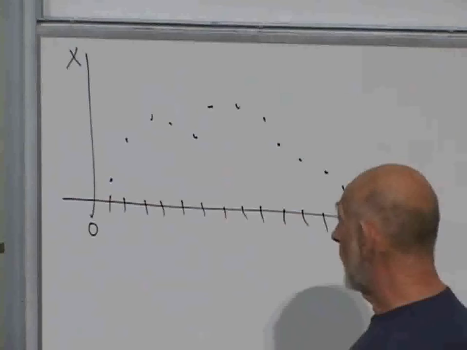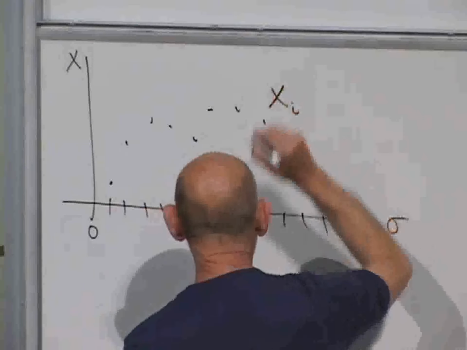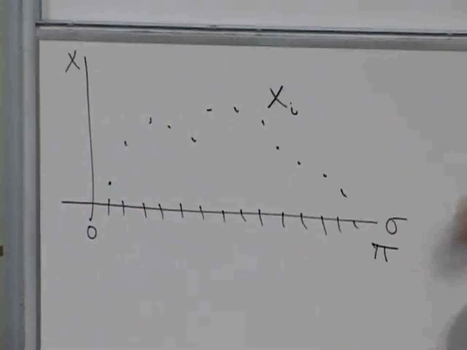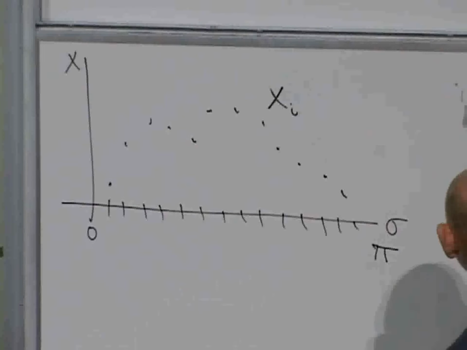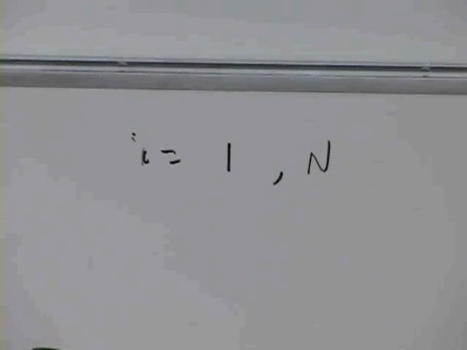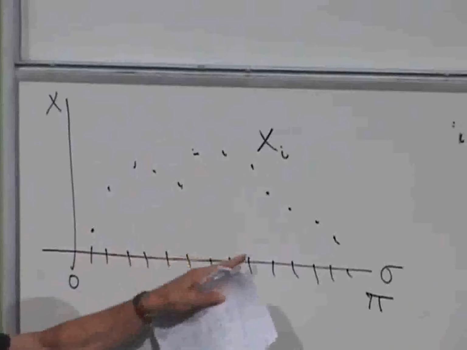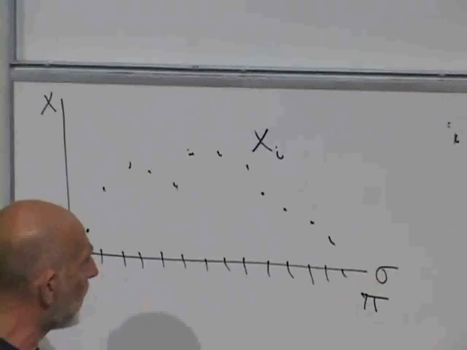So we replace x of sigma by x sub I, where I runs from 1 to n. Later on, we're going to let n get very, very big. Let's think of the difference between x at I and x at I plus 1.